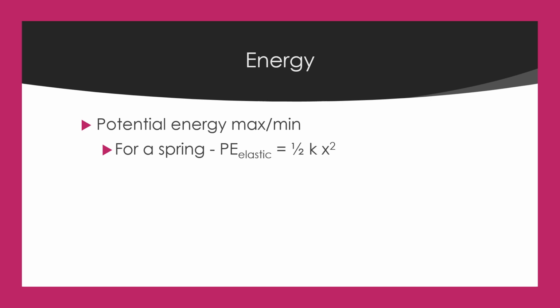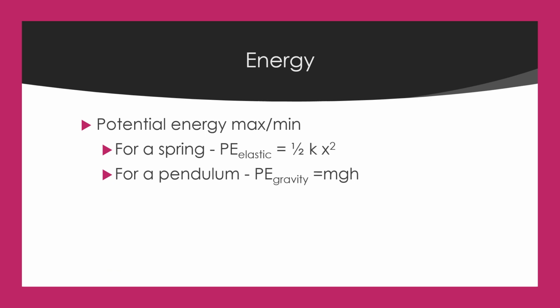It's unique to each spring, and it tells you how willing that spring is to move, essentially. And then x is how much that spring compresses or is stretched from its resting position. So again, x is that maximum stretching point or the maximum compression point of the spring.